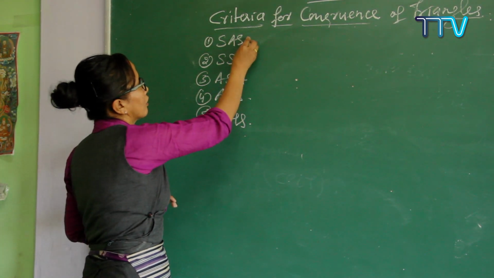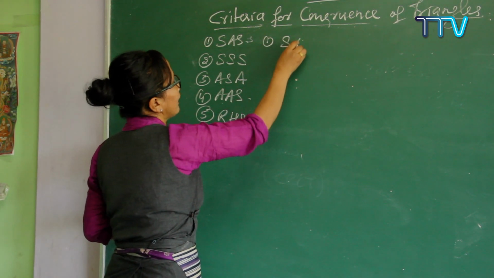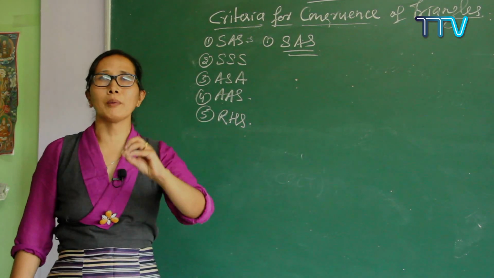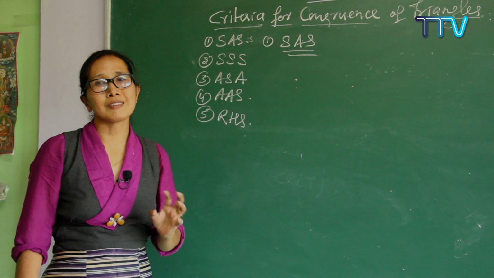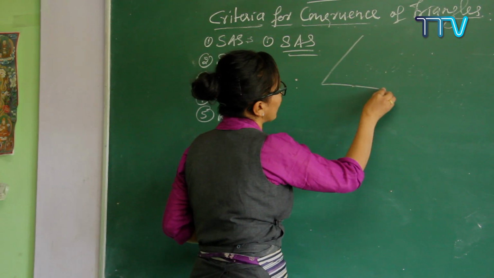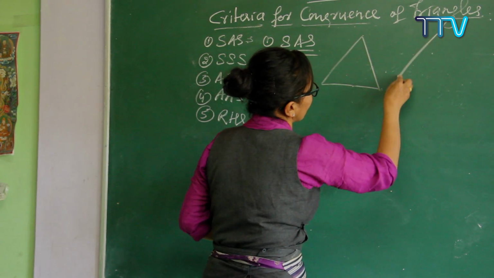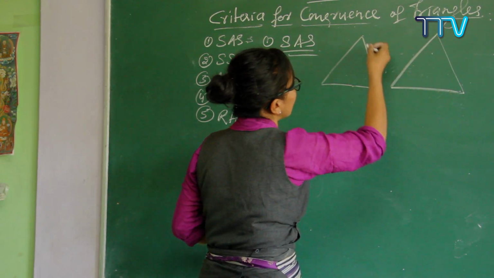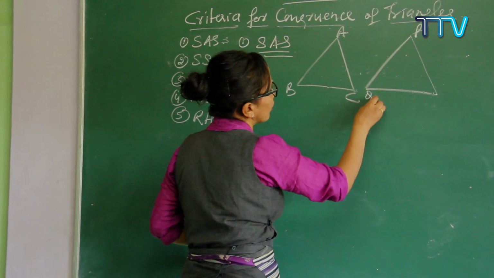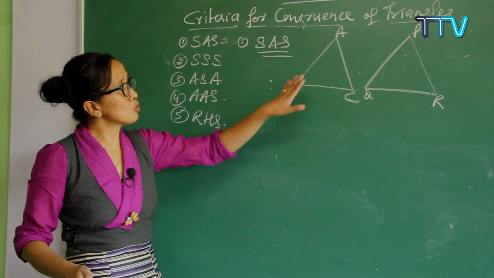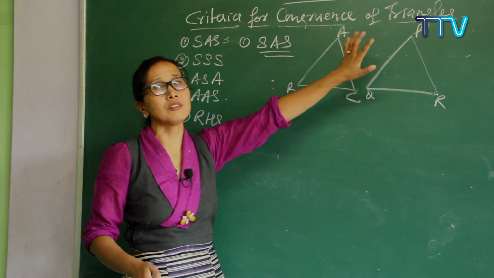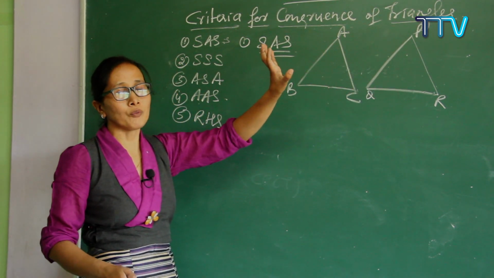Which one is your first one? Side angle side. What is the meaning of this, and how do we prove that two triangles are congruent using this rule? SAS means side angle side. Let me draw the triangles. I'll name the first triangle A, B and C, and the second P, Q and R. We are going to check whether these two triangles are congruent by looking at 3 parts.